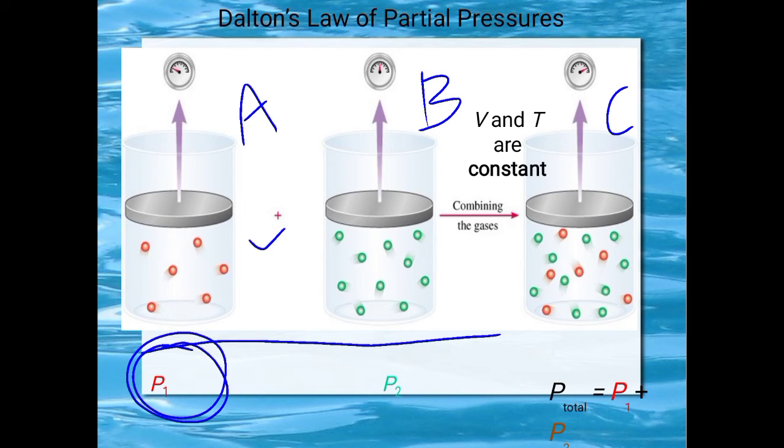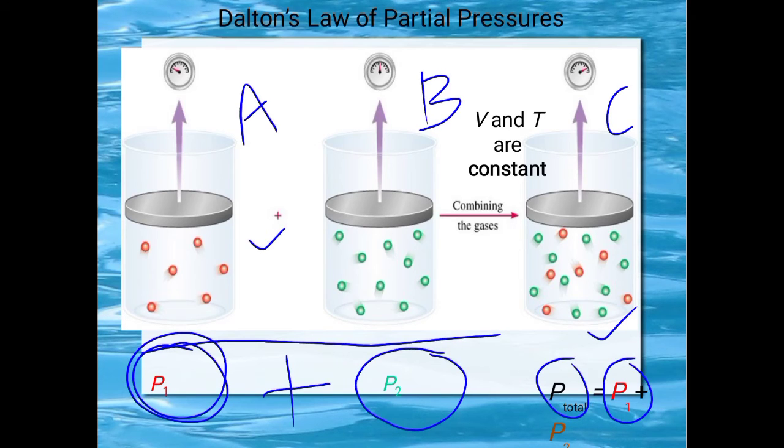In container B it will exert a pressure P2. What will be the pressure in container C? It will be the total of gas A and gas B. This is Dalton's law of partial pressure. This pressure is known as partial pressure.